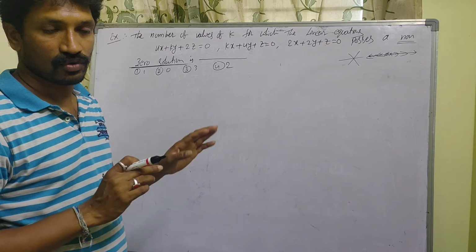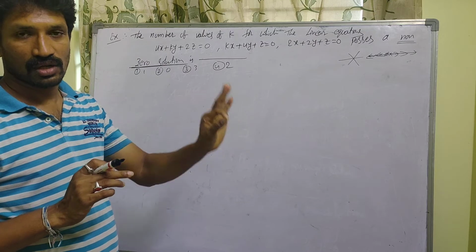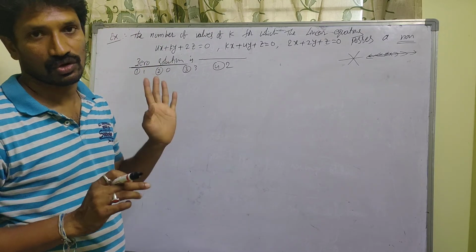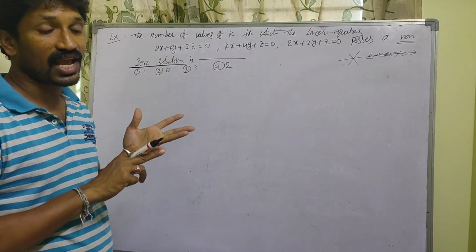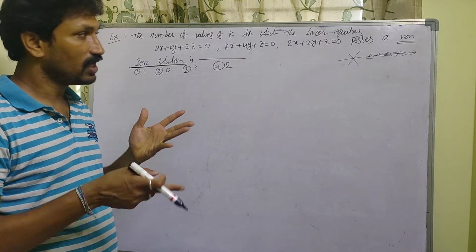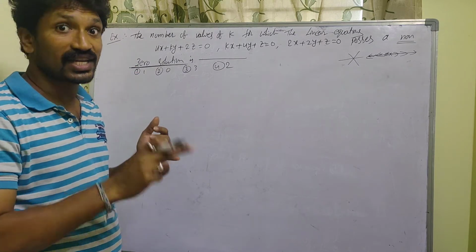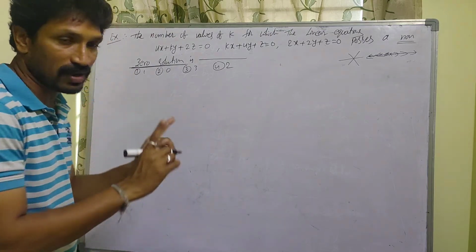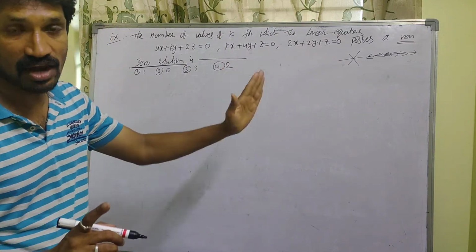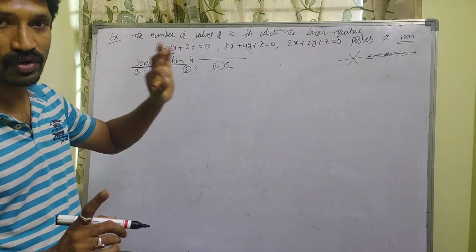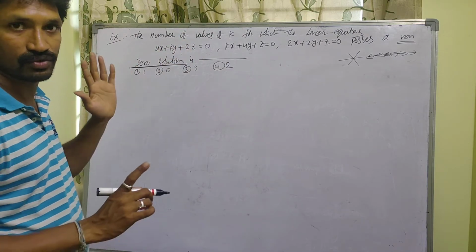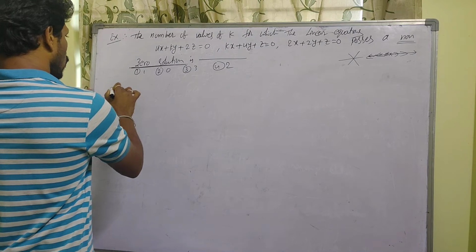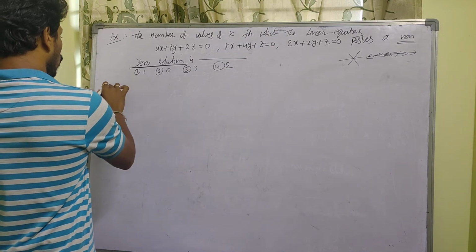Remember. Only zero solution or trivial solution means unique solution. Unique solution means that determinant of A is not equal to 0. Infinitely many solutions means that determinant of A is equal to 0. That is important. So I explained this problem in two ways. One is echelon form, another one is determinant form. Which one is better, you can choose. So that is method 1.